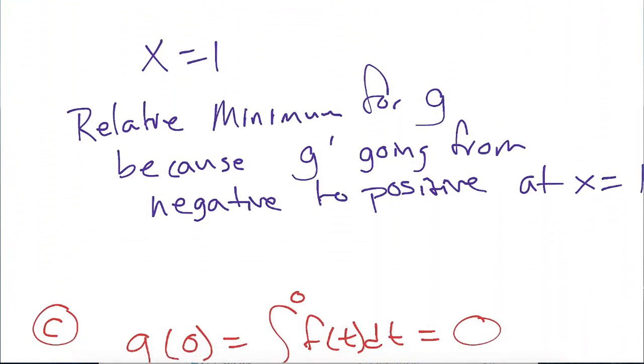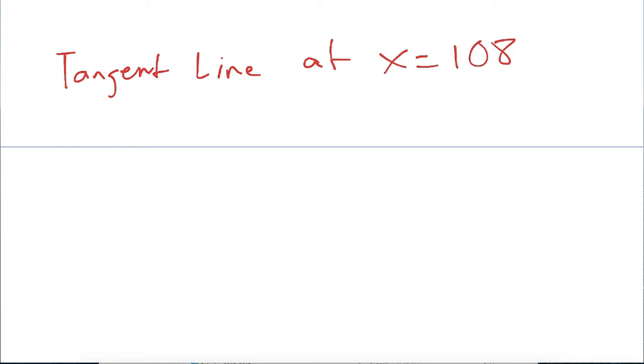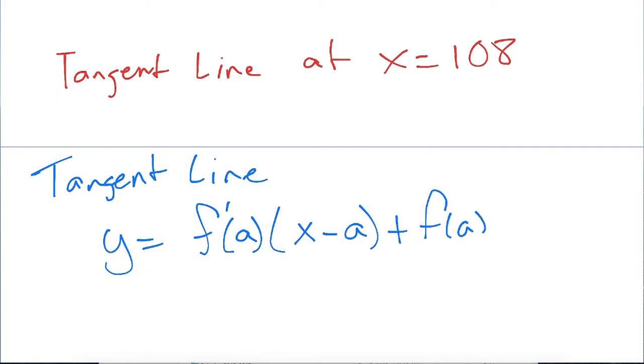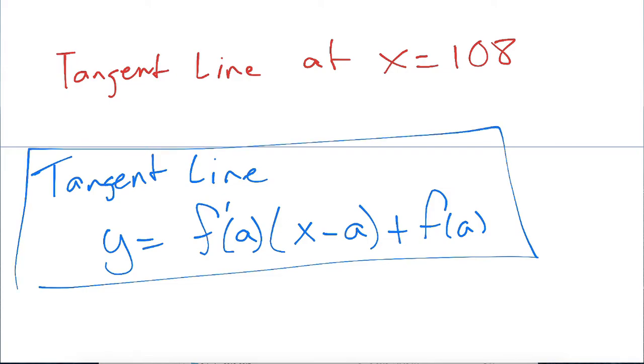So for a tangent line, let me back up and remember tangent lines. A tangent line generically is y equals f prime of a times x minus a plus f of a. And that's generic, right? So that's not talking about our function f in this case.